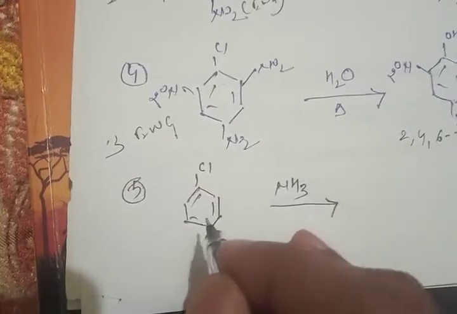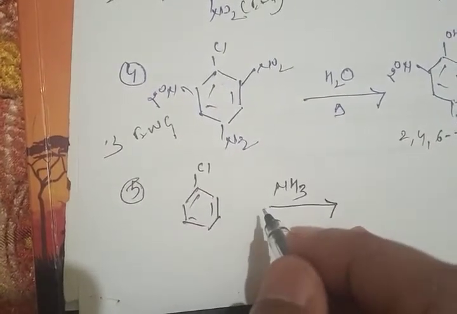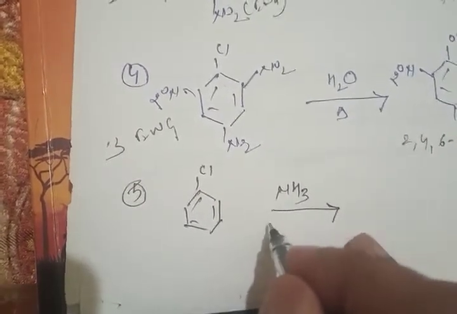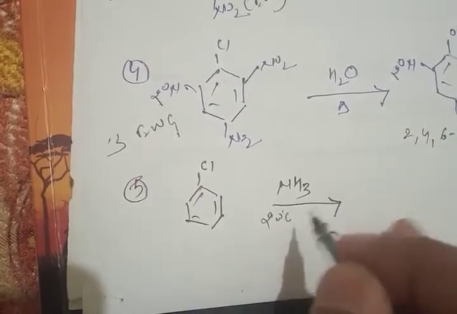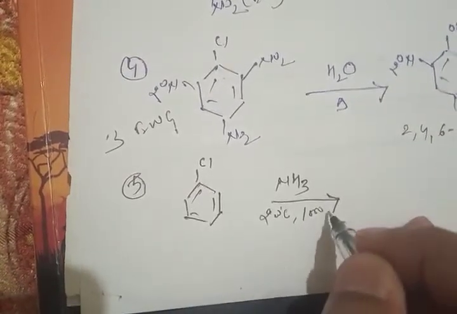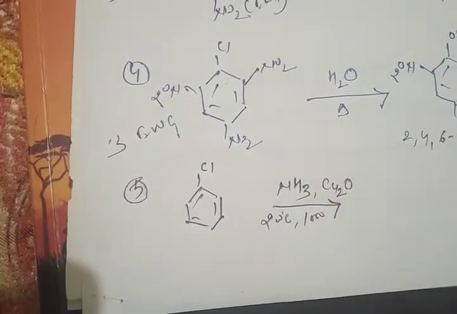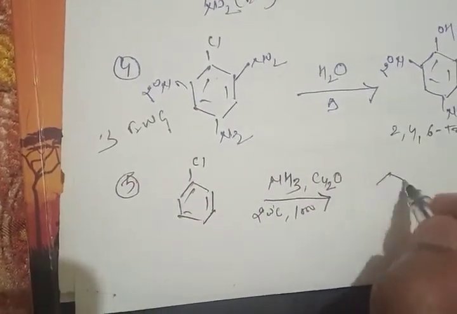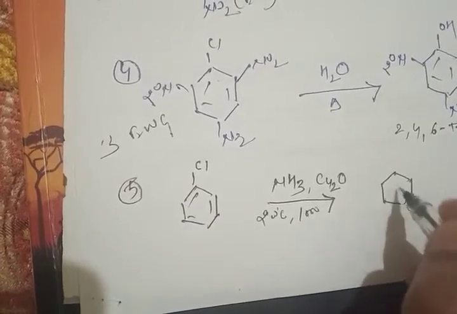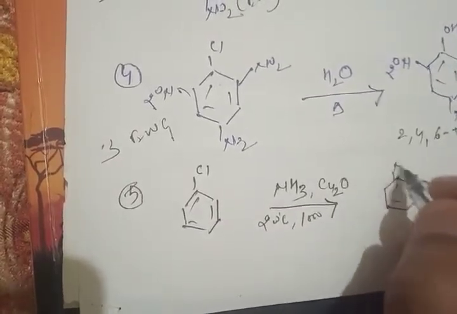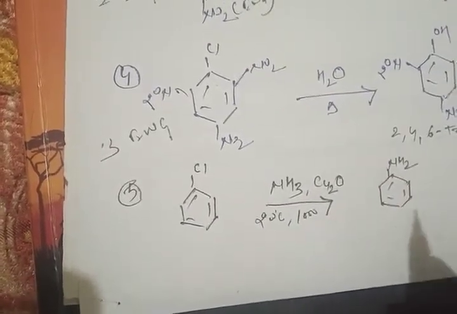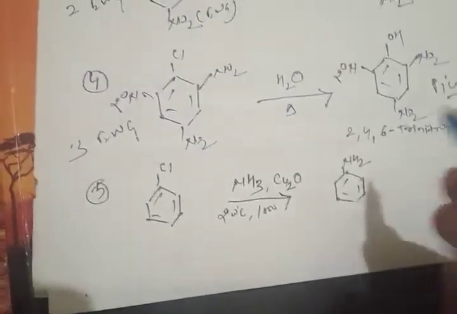Again I'm repeating, chlorobenzene is less reactive, so it requires certain temperature and pressure, 200 degrees Celsius, 1000 pressure, and some catalyst also, that is Cu2. This will give you NH2, that is nothing but aniline.